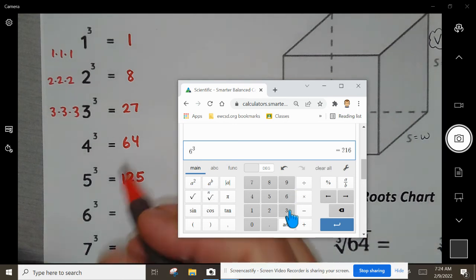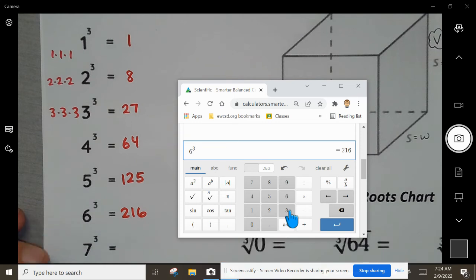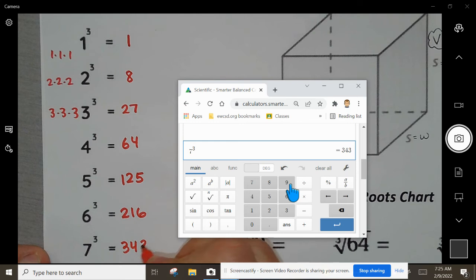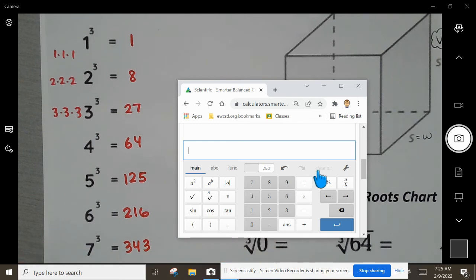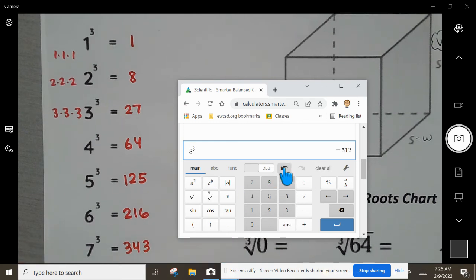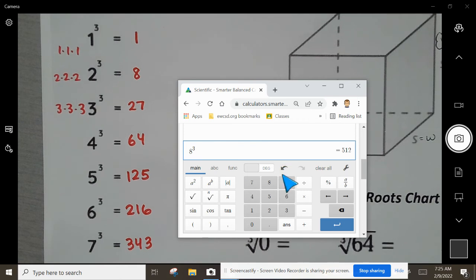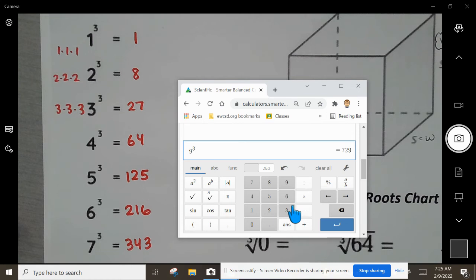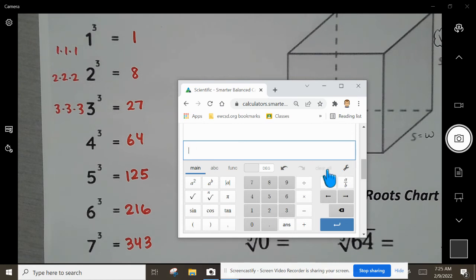6 to the third is 216. 343. 512. 729. And 1000.